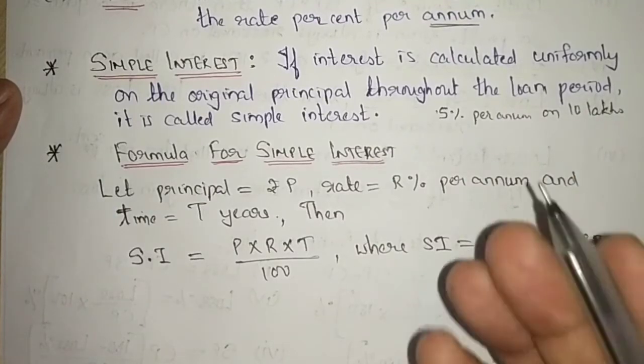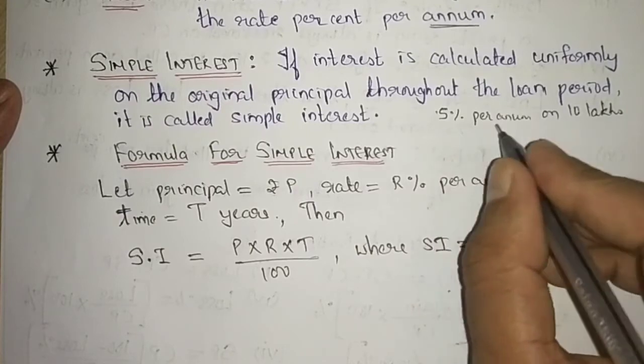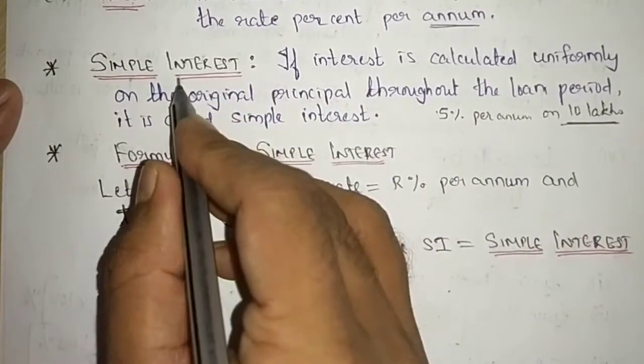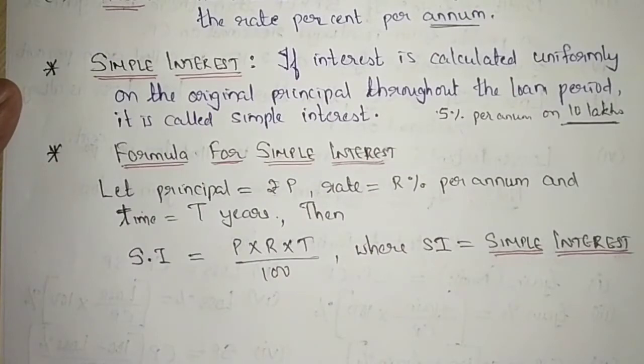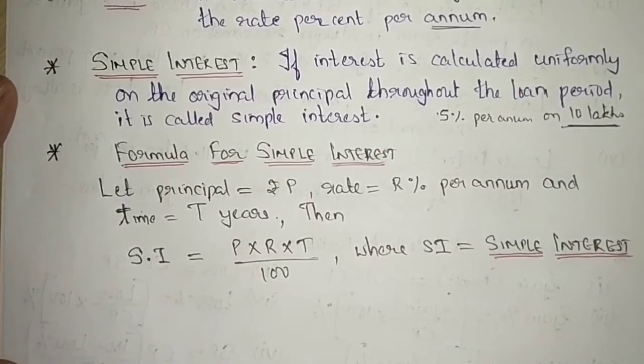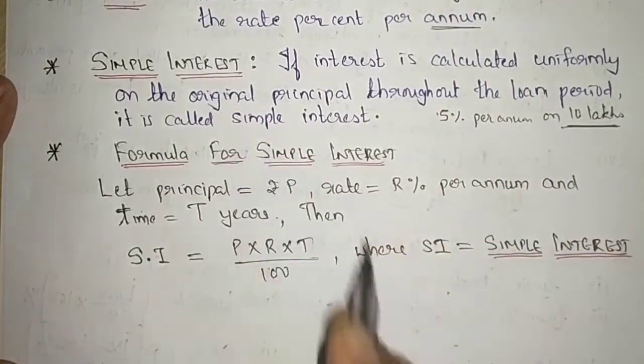So every year the interest will be calculated only on 10 lakhs. It is known as simple interest. There is also compound interest, which we will discuss in your next class, that is 8th standard. Right now just concentrate on simple interest.